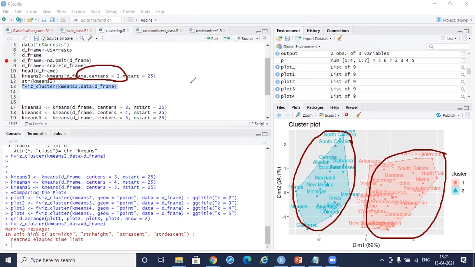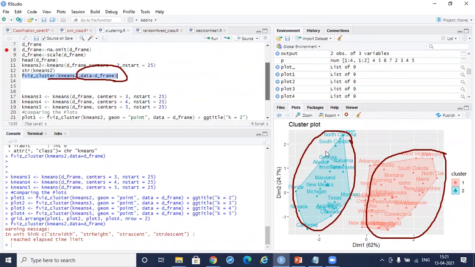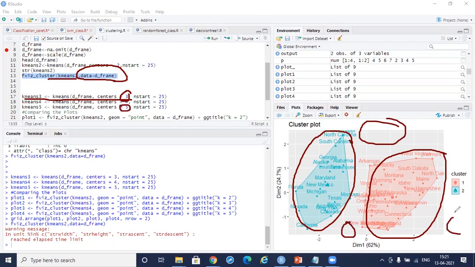And if we increase this, suppose I run this where I need 3 clusters, it will start making the third cluster also. We can increase this further, suppose I need 5 clusters, so it will make 2 more clusters by finding the nearby values.